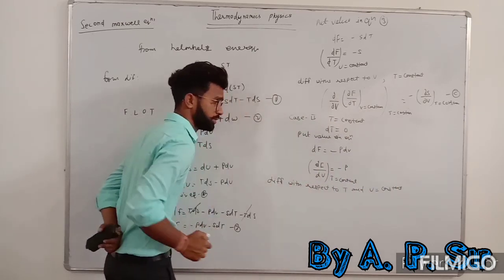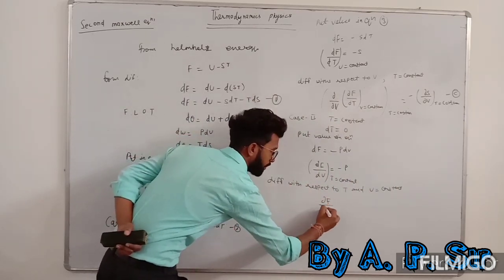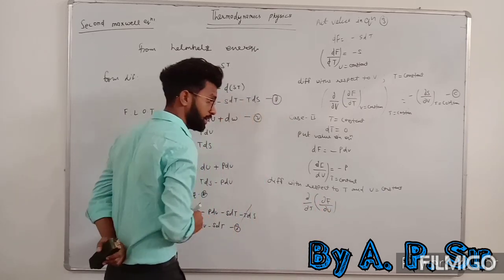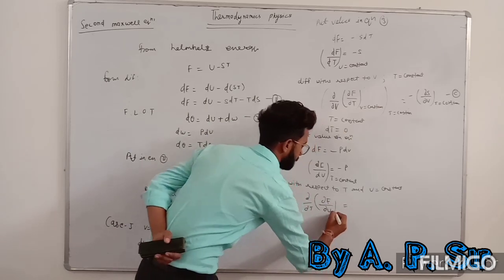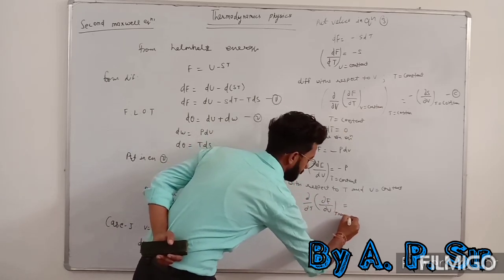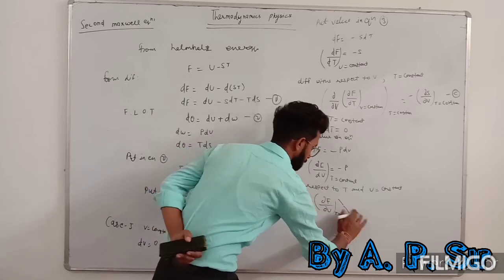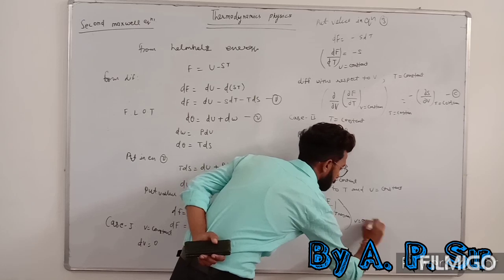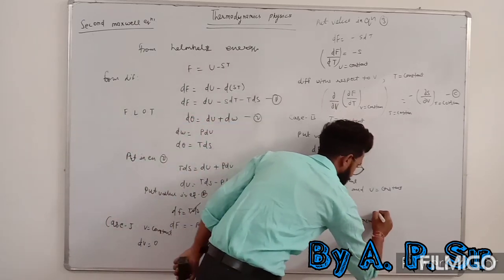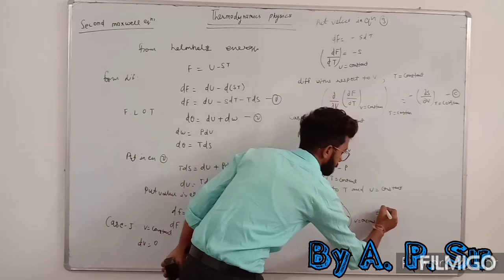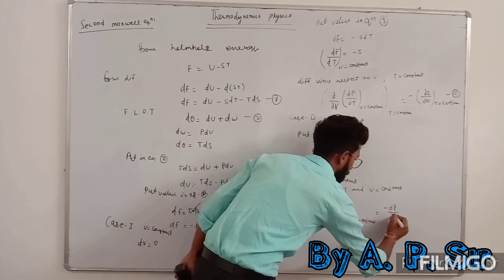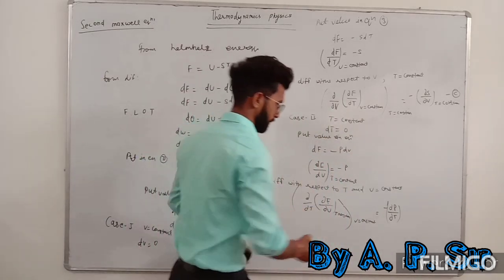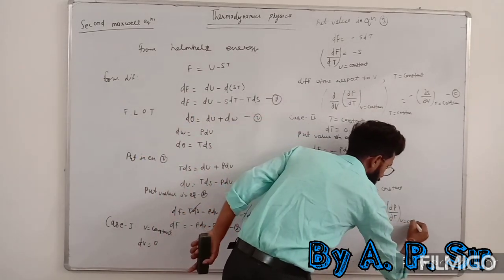Then del F upon del V at T constant, and del P upon del T at V equals constant.